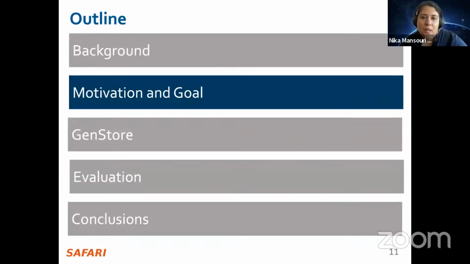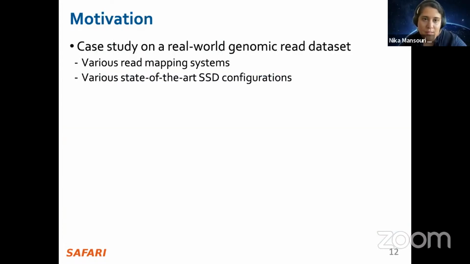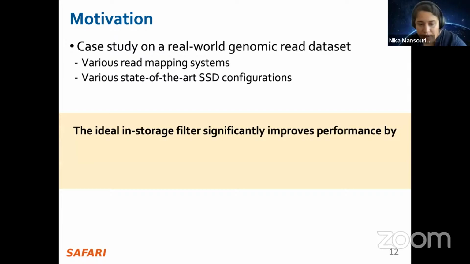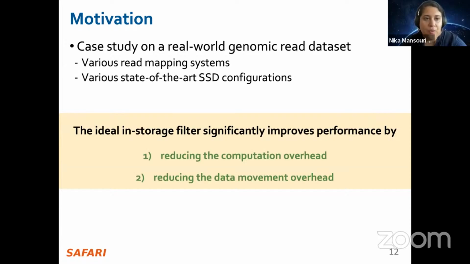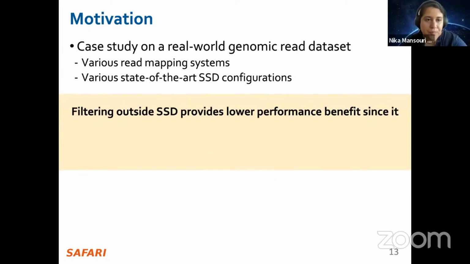So we perform experimental studies to understand the potential of efficient in-storage filtering for improving read mapping performance. We perform a case study on real-world genomic read datasets on various read mapping systems and state-of-the-art SSD configurations, and we make several observations. First, the ideal in-storage filter significantly improves performance by reducing the computation overhead and data movement overhead.